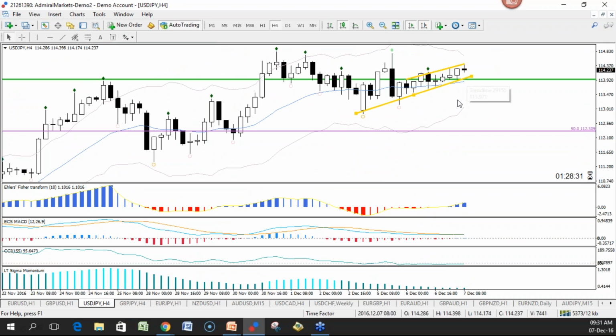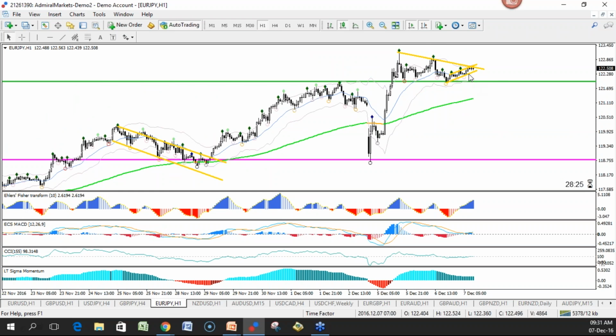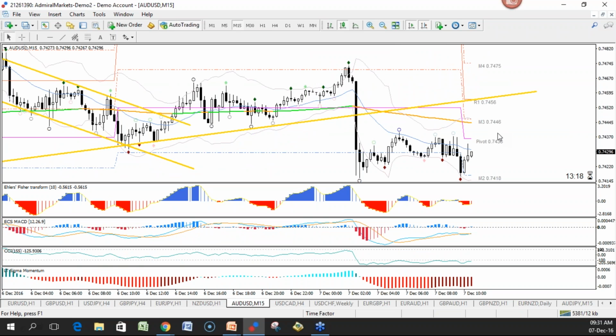Dollar yen, if it breaks one of these two lines, keeping an eye on that. Euro yen, prefer the upside probably a bit on the euro yen there. Could be interesting. USD, maybe if it finishes this bear flag to the downside, maybe. And that's about it. Otherwise, I don't see anything really interesting. Those are probably the most interesting ones at the moment from my perspective.